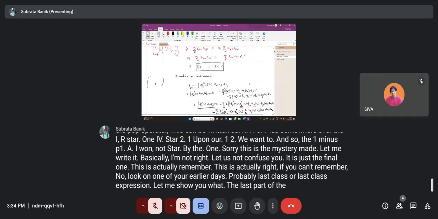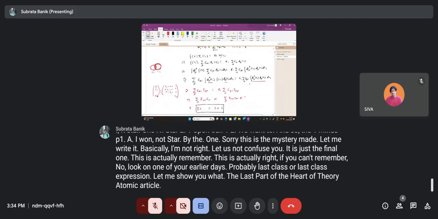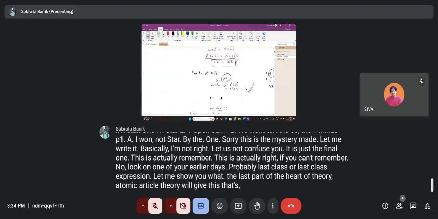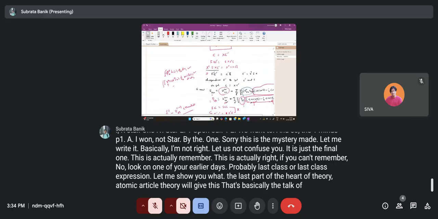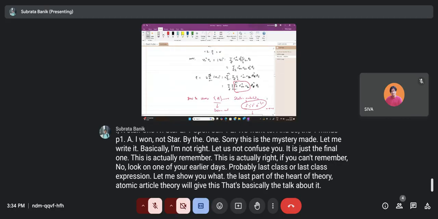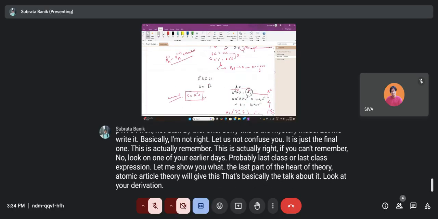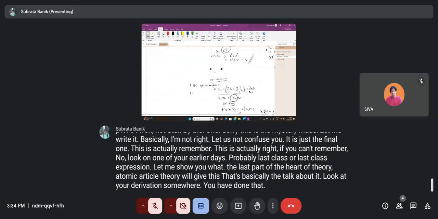In the last part of the Hartree-Fock theory, atomic Hartree-Fock theory, you get this. That's basically the Fock operator. Look at your derivation, somewhere you have done that.